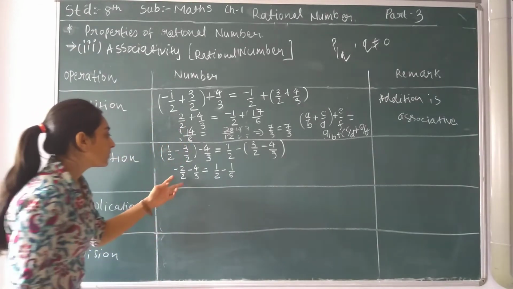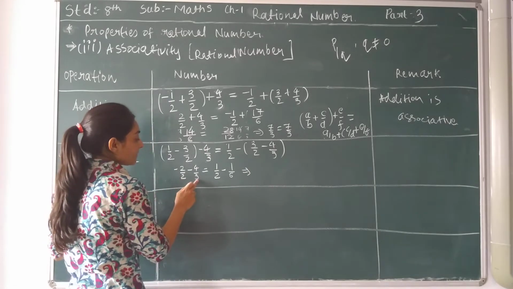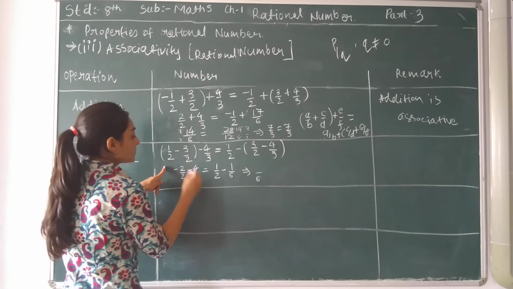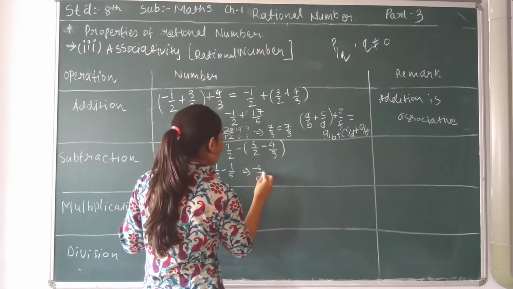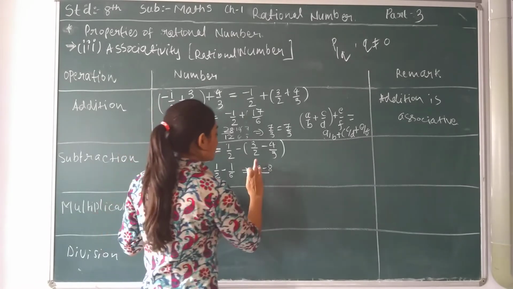Okay, now do these things again. Take the LCM. LCM is 6. So 3 twos are 6 minus 4 twos are 8.